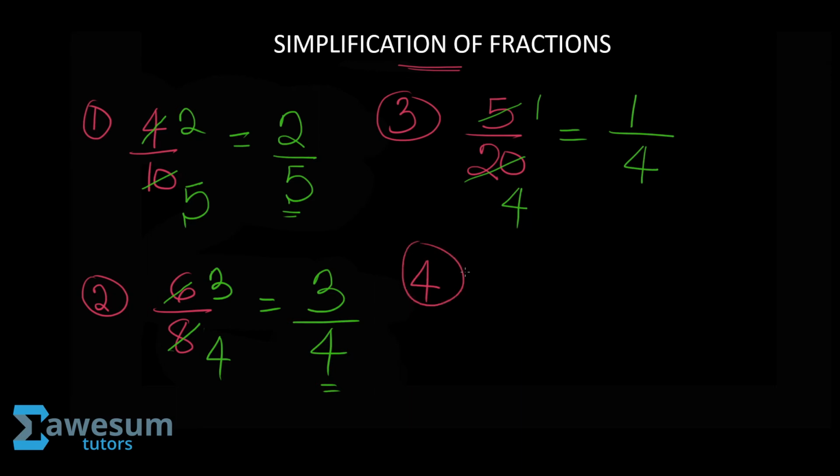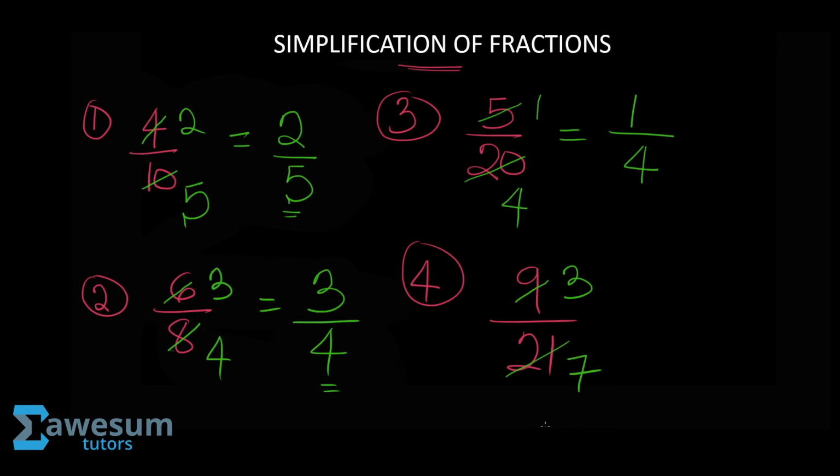All right. Let's look at example number 4. 9/21. How do we solve this? 3 can go in 9. 3 can also go in 21. So 3 in 9 gives me 3. 3 in 21 gives me 7.